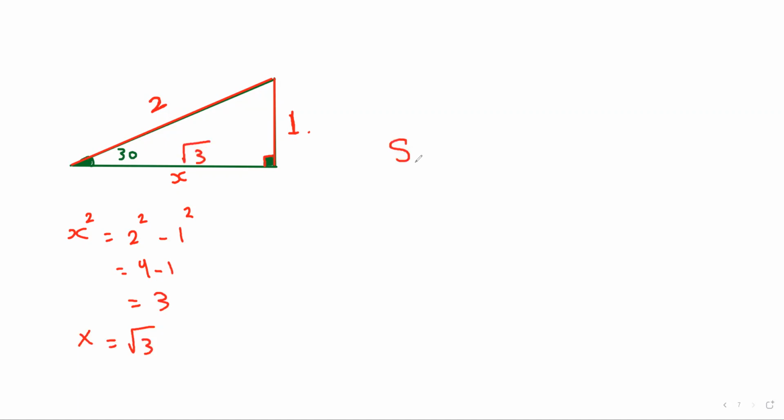Now we can find sine 30, cosine 30, and tan 30. Sine 30 equals opposite over hypotenuse. Determine the angle we are talking about: this angle here. Which side is the opposite? This side is the opposite.